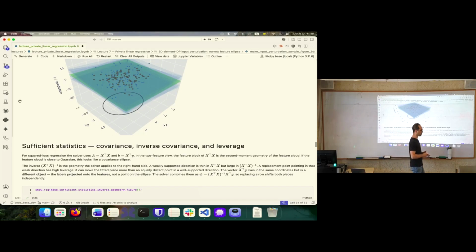Again, a moment about statistics. A sufficient statistic is a quantity, a function of the data set, which is sufficient in the sense that if you want to estimate something, knowing this statistic is all you need. For example, if I want to estimate the mean of some distribution from a data set, the empirical mean is a sufficient statistic.